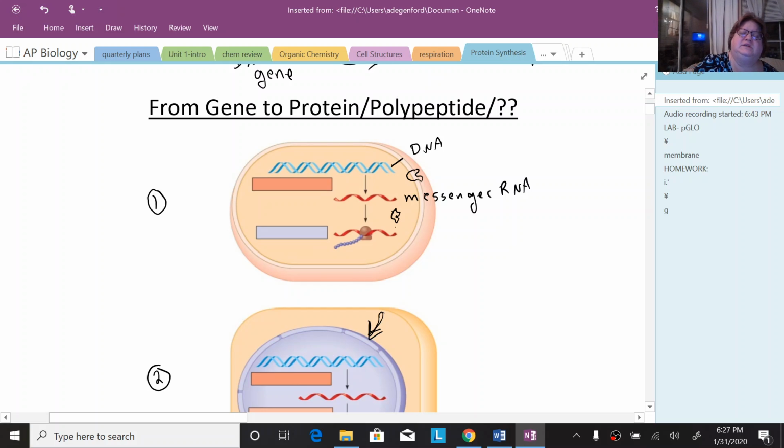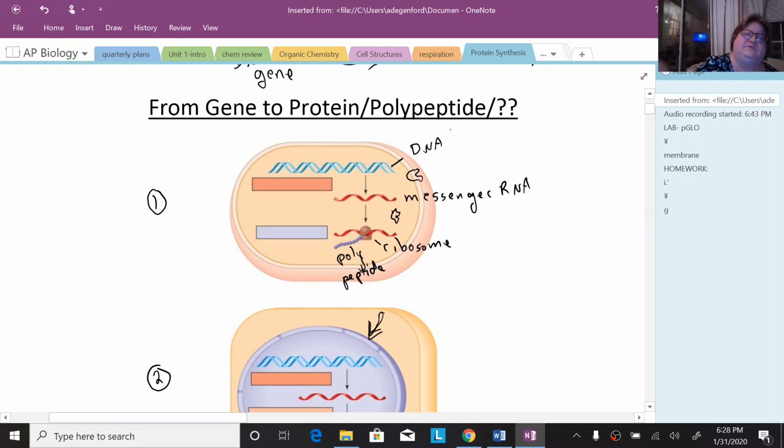And then down here would be a ribosome, the brown, and the ribosome is going to be creating a polypeptide or protein. And the polypeptide is going to be made of amino acids. And so the processes, you should be able to tell these apart, you should know them.